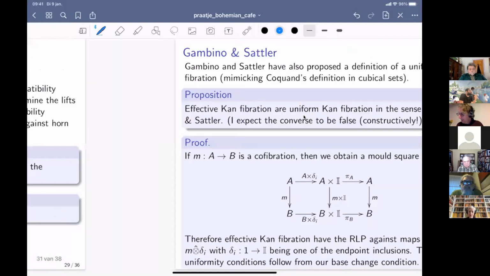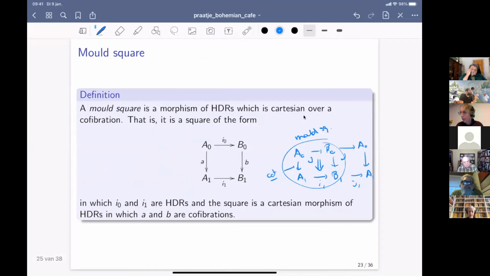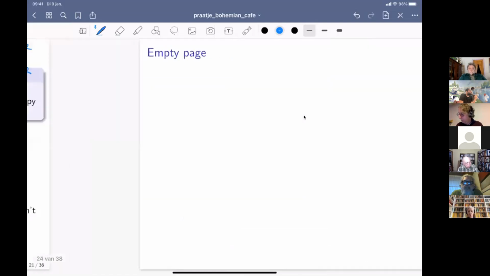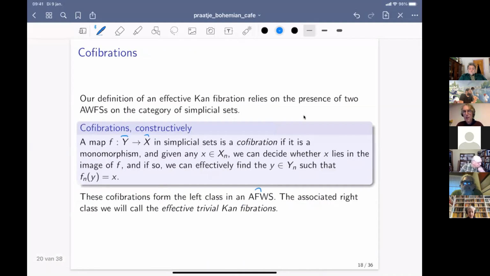In fact, in our world, every object is cofibrant, and in their definition of a cofibration, they would add an extra condition like, for those elements which are not in the image, the question whether or not it is degenerate should be decidable.